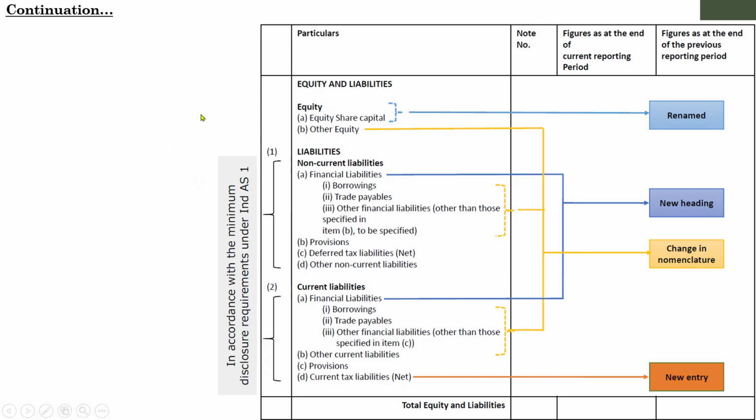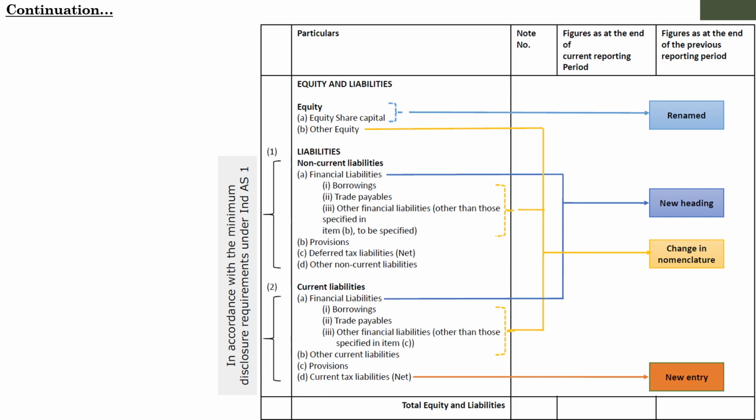So for finding out the amount that has to be shown under the category other equity, there is a certain pattern, and for writing down the pattern you should familiarize that under other equity the main contents are reserves and surplus.